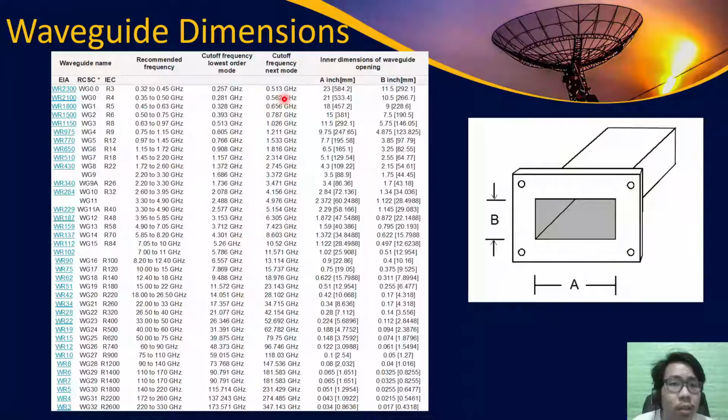The properties of the waveguide are dependent on its inner dimensions. So here is our A, the length, and our B, the width. This is measured on the inner side of the waveguide.